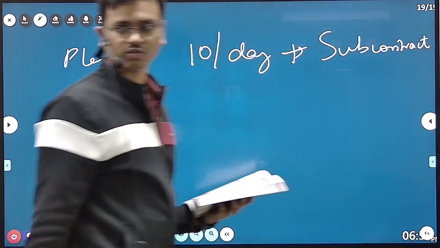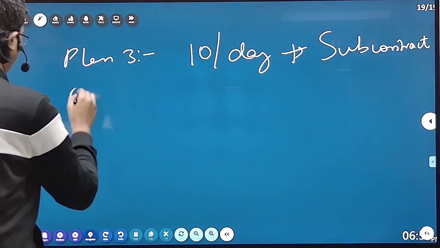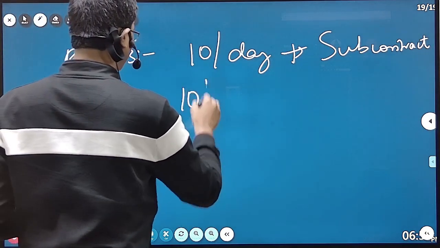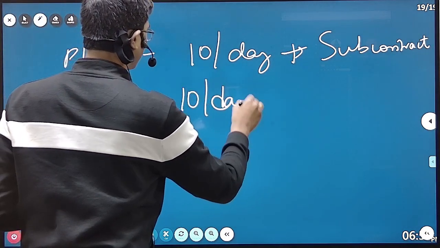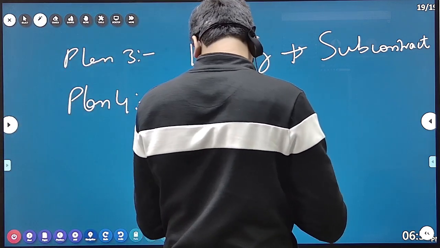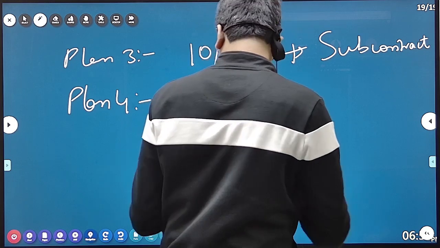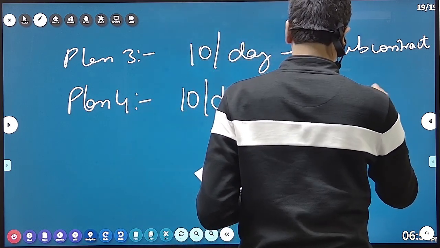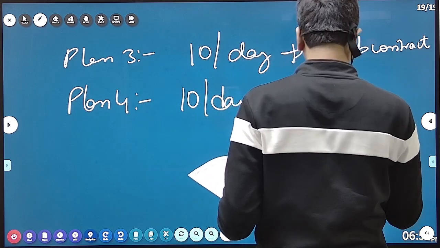Okay, so this is plan 3, and plan 4 is he will produce at 10 per day and then what does he say, and he will use overtime at a premium of 10.